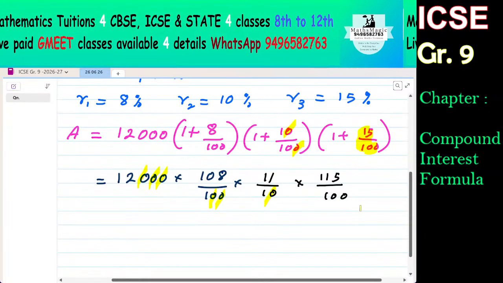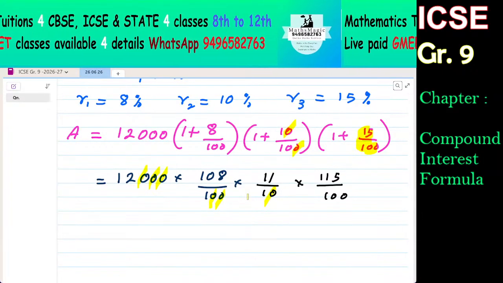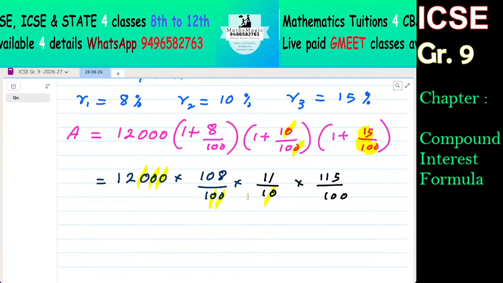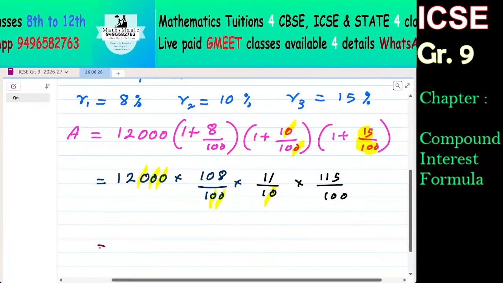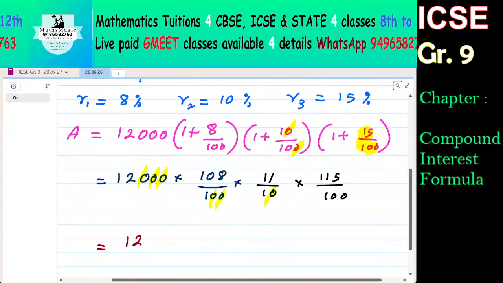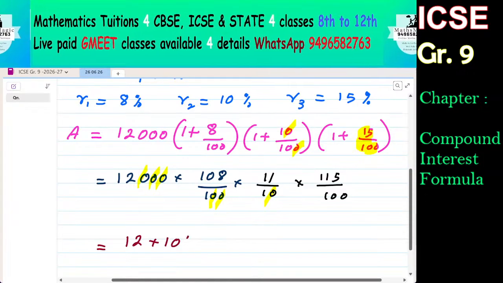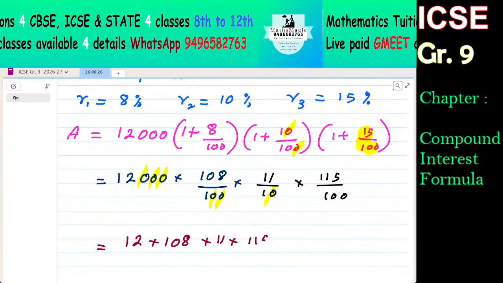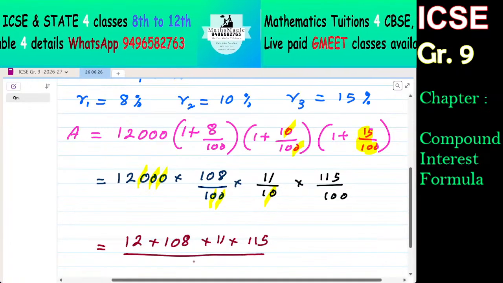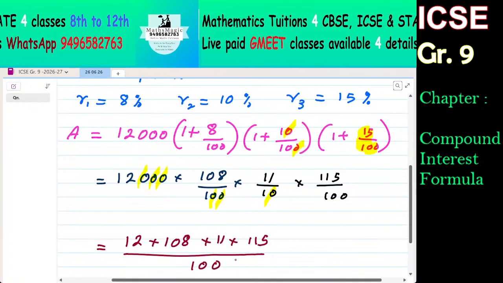Once you multiply all these numbers, you can just put two decimal places to get the final answer if you keep that 100 as it is instead of simplifying it with 5. You need to just multiply these numbers and divide by 100.